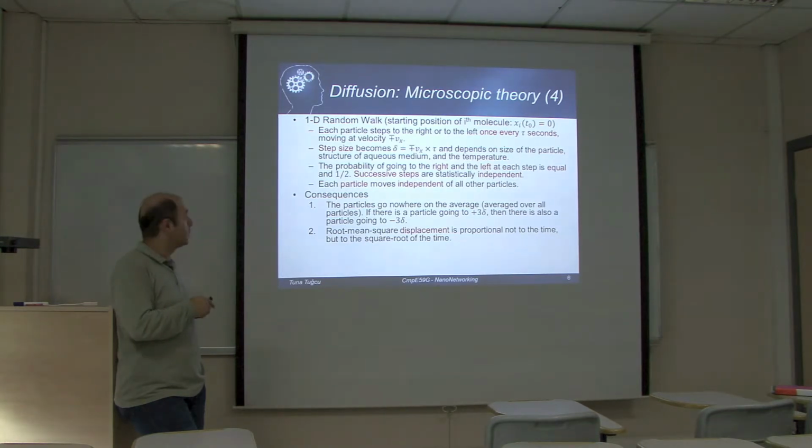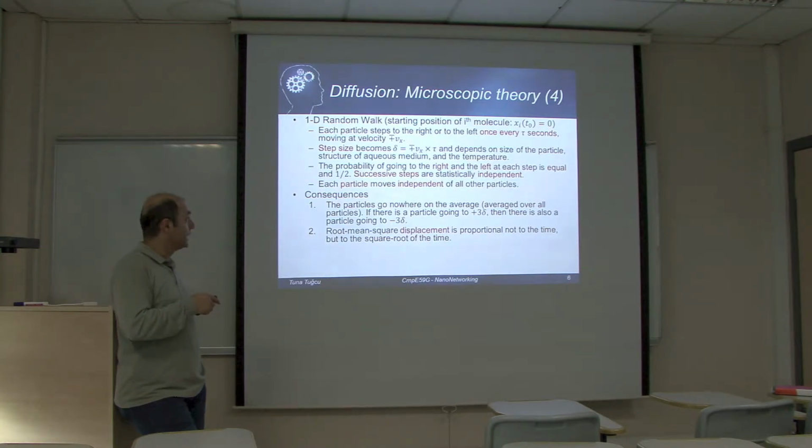If we're talking about 1D random walk, we mean both directions, and the probability of moving in either direction is equal. They're equally likely. In every step, you're taking one step in every tau seconds, so tau is your step duration, the time between two steps.